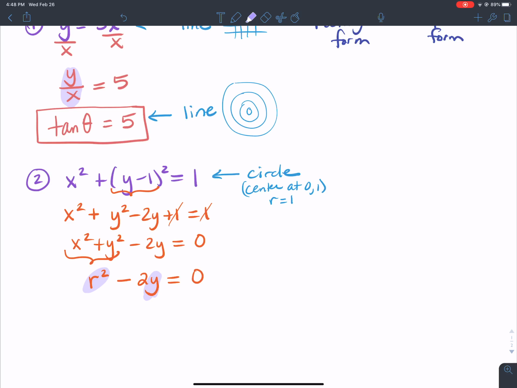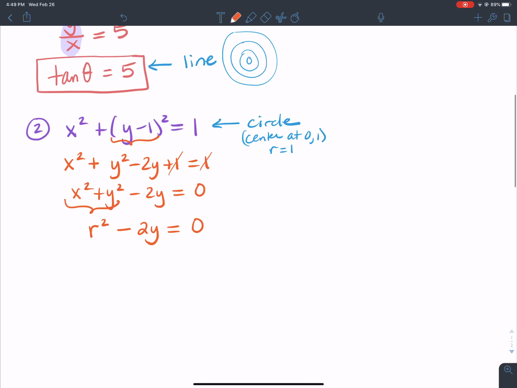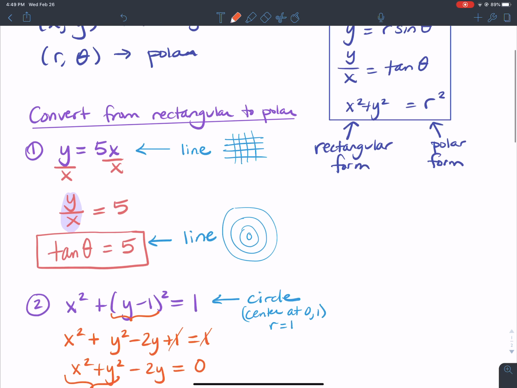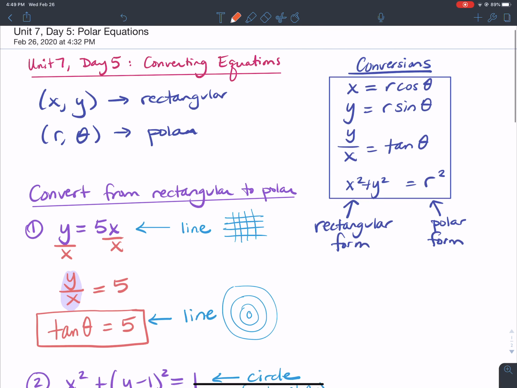So you're not done with this problem yet because you need to fully go through the transformation. So what we are going to do is go back to our little conversion box, and we need to replace the y by using what y is equal to.